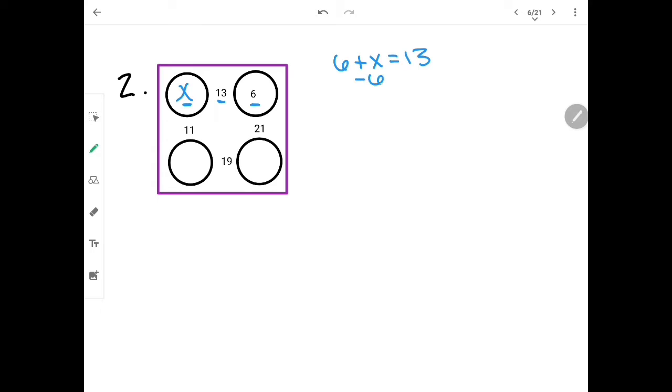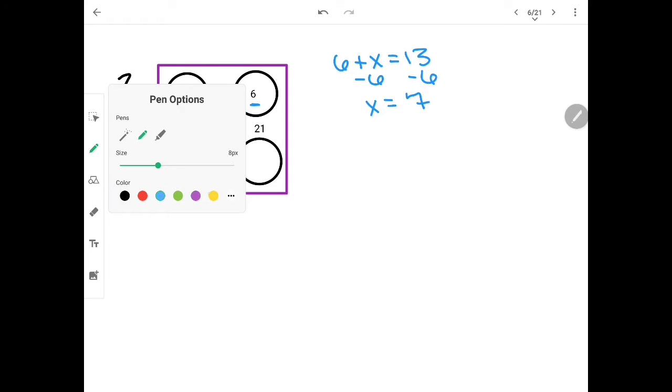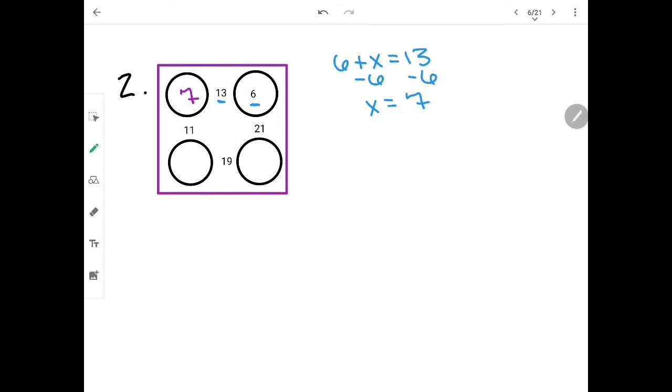We can subtract 6 from both sides, and x should be equivalent to 7. So now we're just going to fill in our blank with the number 7. Now we're going to move on to the next circle.